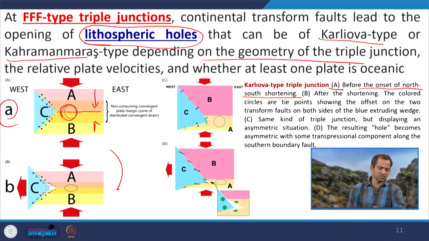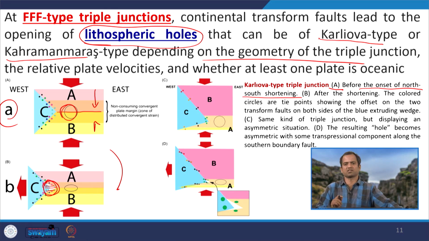Once we compress it, we expect deformation, and the deformation is such that you see there is a strike slip motion, there is a separation, that is lateral separation. So, though this is a compression, we are getting lateral separation, and this lateral separation creates a sedimentary basin here, that is called a lithospheric hole.